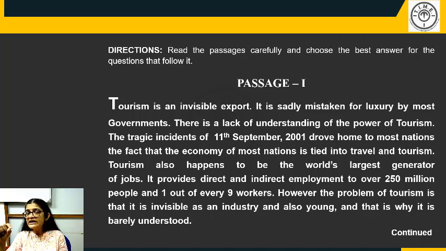Okay, the style of the passage may be descriptive, where the author has included a lot of details, or it can be narrative. Narrative means like a story. The author is narrating an incident or anything like a story from the author's perspective. Or it can be analytical. Analytical means it may include some data, some comparison.